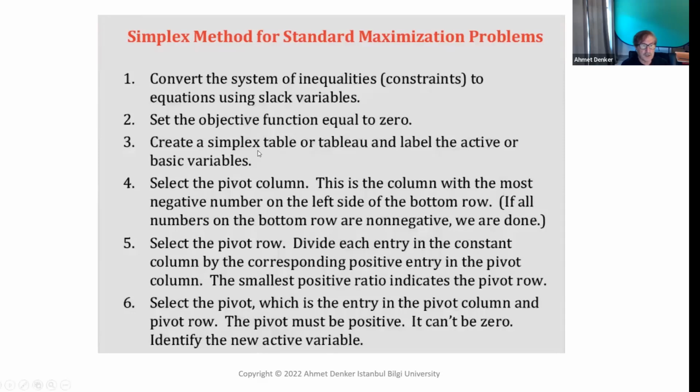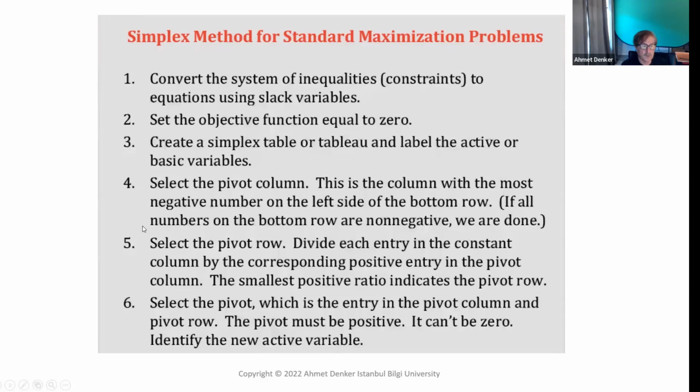And then we will create a tableau. Then we are going to identify a pivot variable. To identify a pivot value, we will first select a pivot column. This will be the column with the most negative number. And of course, we check all the time if all the numbers on the bottom are non-negative.